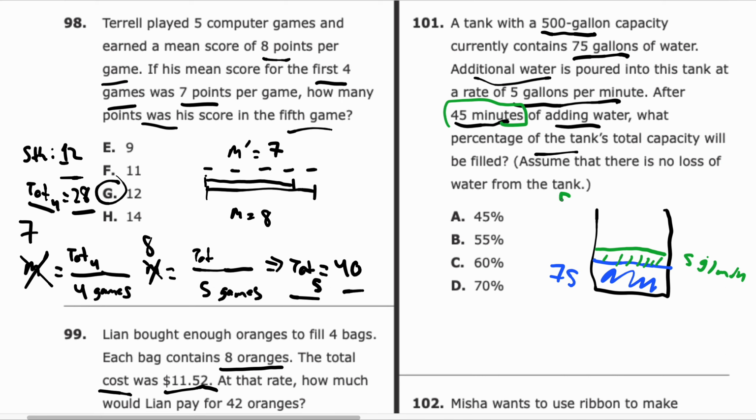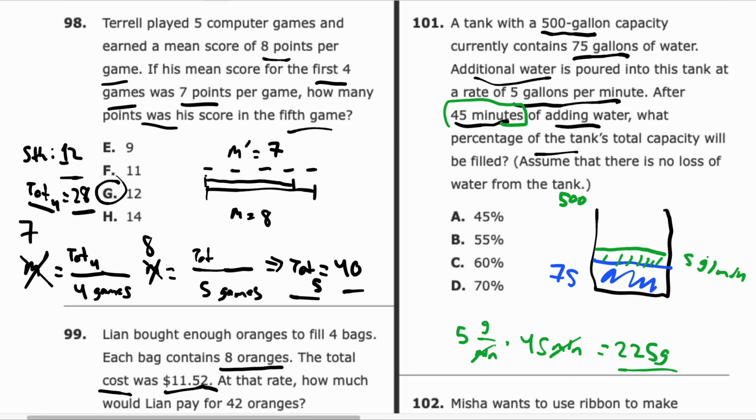So the capacity is 500. To find out the amount of gallons of water that are added, we know we have 5 gallons per minute, and we know that we're pouring water in for 45 minutes. So the minutes cancel out, and we're left with the fact that 225 gallons have been added.